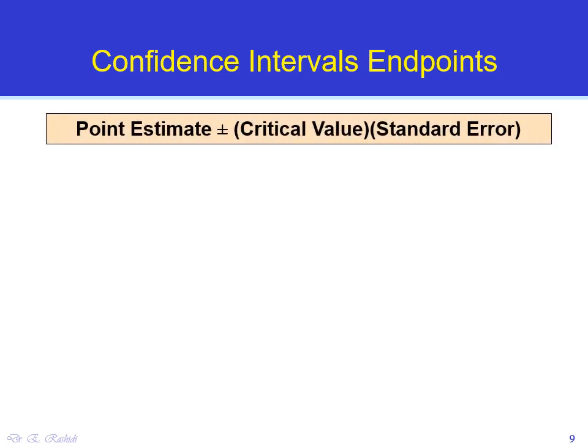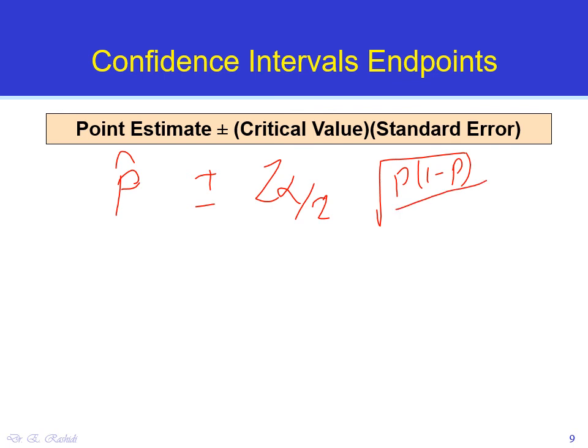So the formula is point estimate plus and minus critical value multiplied by standard error. So for our example, if you want to build a confidence interval for proportion, the point estimate is p hat, plus minus critical value is Z of alpha over 2, depending on what alpha is. A standard error is the square root of p multiplied by 1 minus p over n. Since we don't know what p is, we're going to use the estimation, which is p hat.